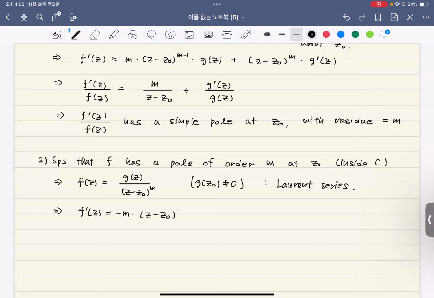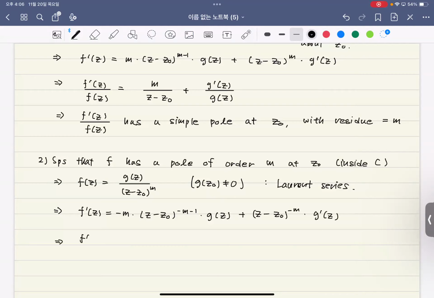Minus m times (z minus z0) to the minus m minus 1 times g of z, plus (z minus z0) to the negative m times g prime of z.